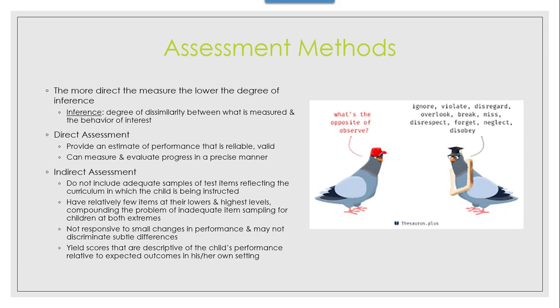But oftentimes, academic behavior is measured by curriculum-based measurement, which is a direct assessment, and social, emotional, or behavioral issues, particularly externalizing behaviors, are almost always measured by observations directly with the child, and internalizing things like anxiety or depression tend to be measured by rating scales.